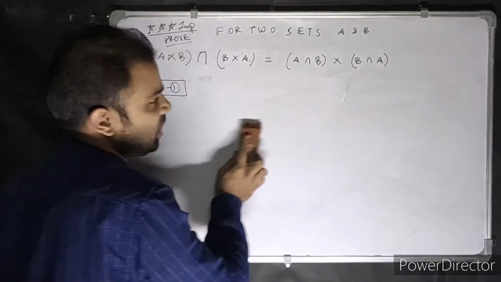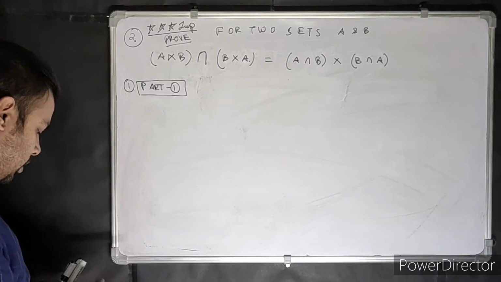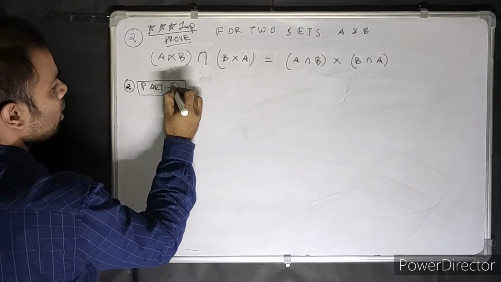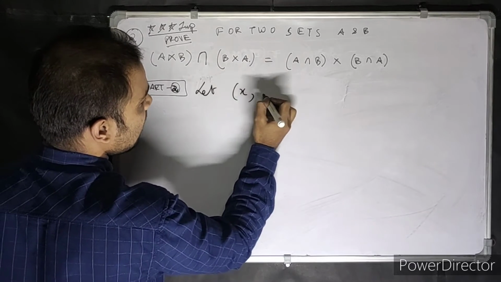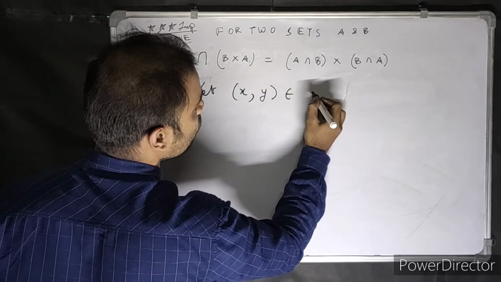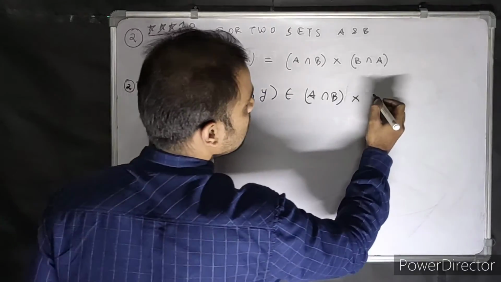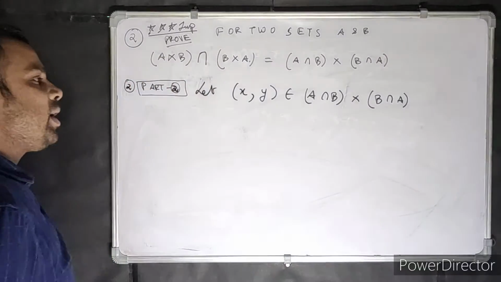So next we'll start with the RHS, correct? So let's start with the RHS. Okay, so this is my part 2, right? Then write: let (x, y) belong to (A intersection B) cross (B intersection A). Look very carefully.